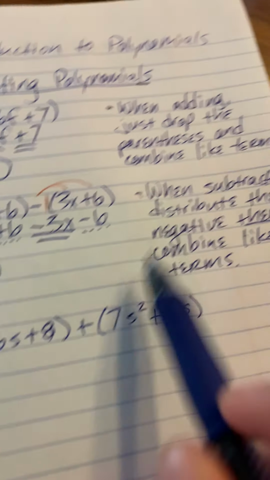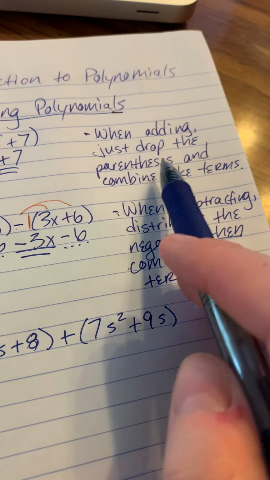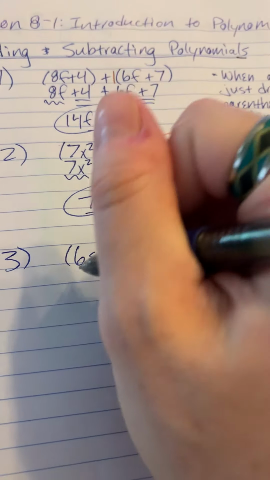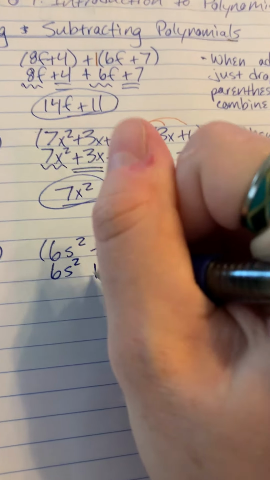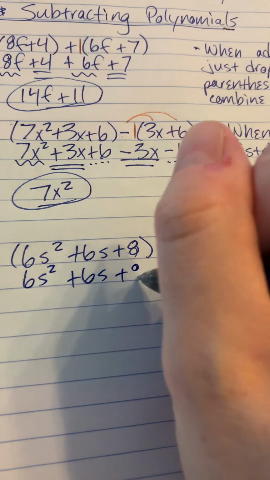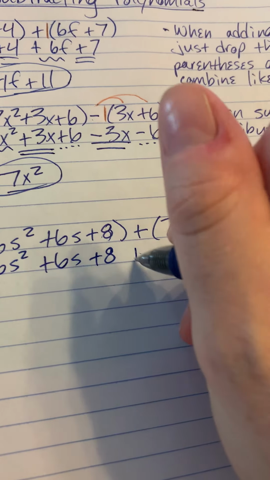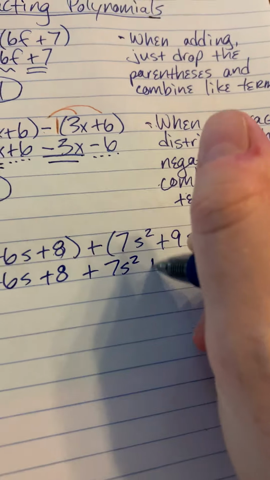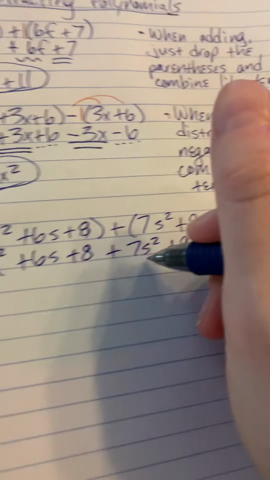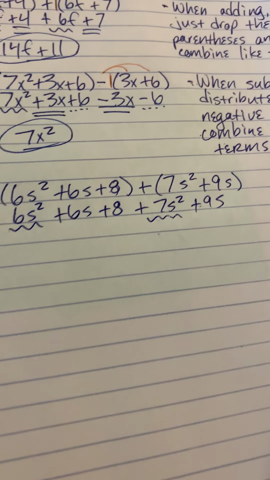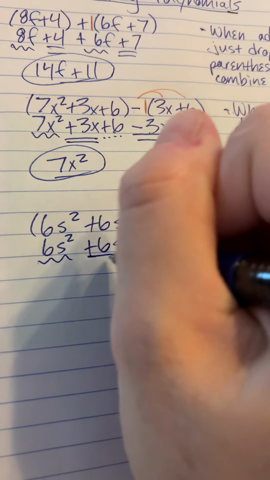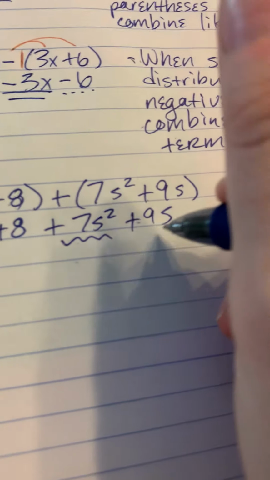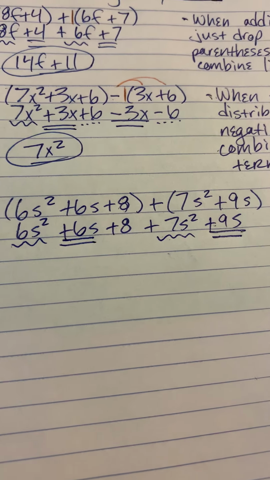This problem is adding. When you're adding, you just drop the parentheses and combine like terms. So I'm just going to rewrite the problem without them. Plus 7s squared plus 9s. S squared goes with s squared. 6s goes with 9s.